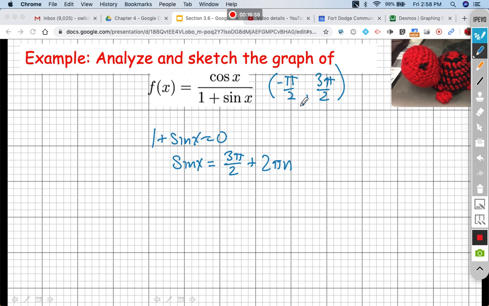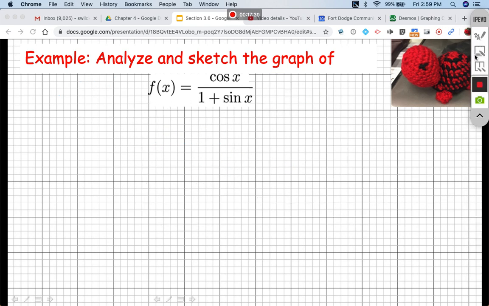Well, I do know I'm bounded by asymptotes. I could make this maybe a closed interval, and then I'm going to say vertical asymptotes at negative pi over 2 and 3 pi over 2. Then I'm going to restrict myself to that domain to make this maybe a little easier to do.